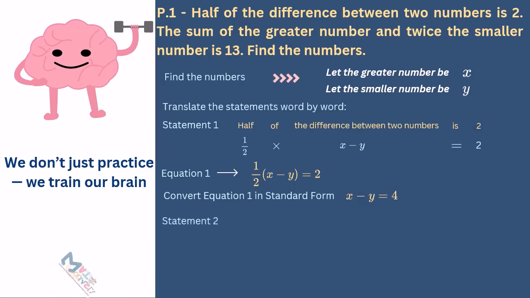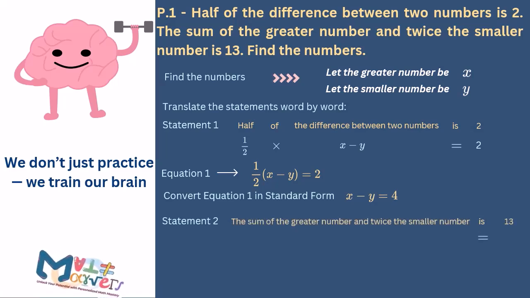Now statement 2. The sum of the greater number and twice the smaller number is 13. Again, is will be written as equals. Look carefully. It says sum of. Remember, whenever you see sum of or difference of, it means addition or subtraction of at least two numbers.